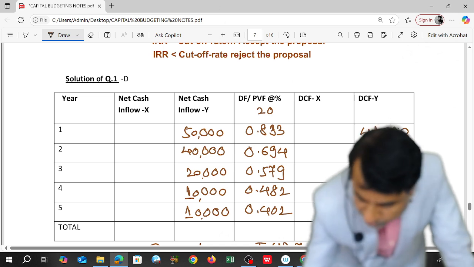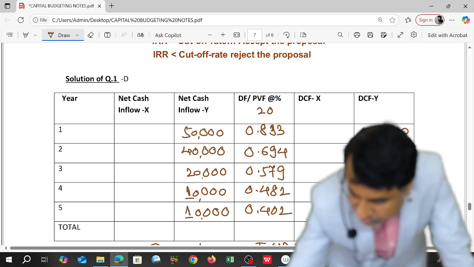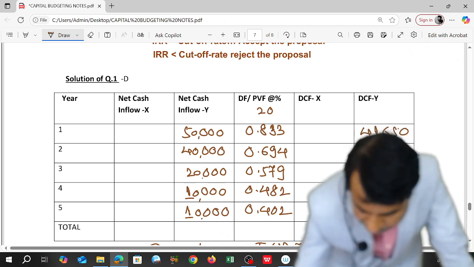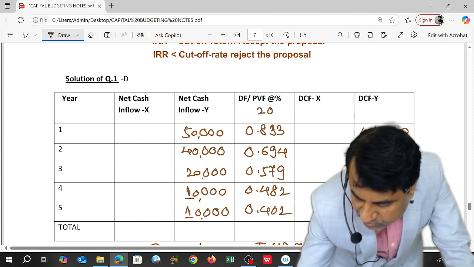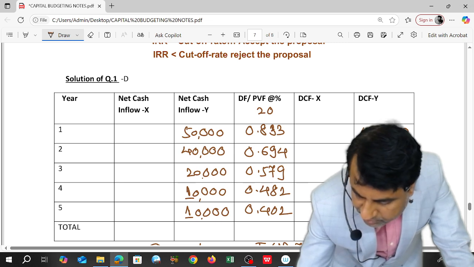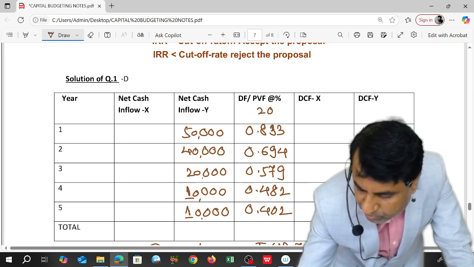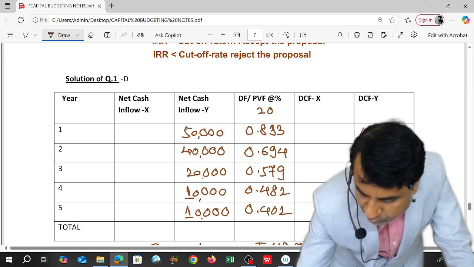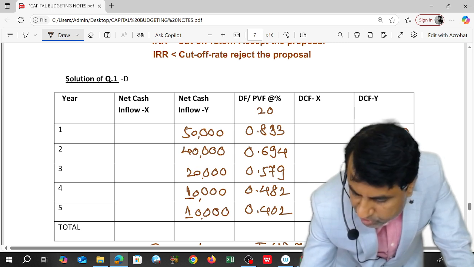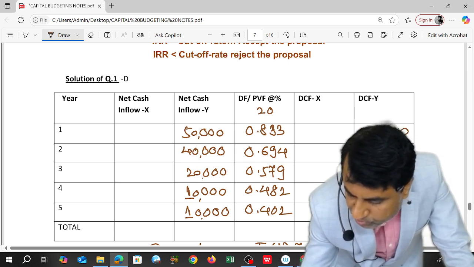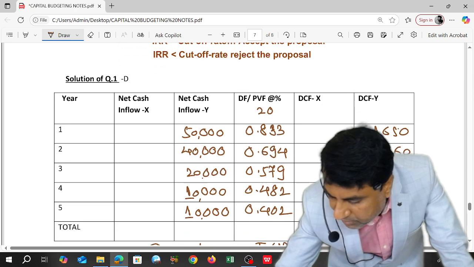The total I can do for all these to arrive at the summation of present value of future cash inflow: 41,650 first, second is 27,760 plus 11,580 plus 4,820 plus 4,020. So do with me simultaneously, my dear.